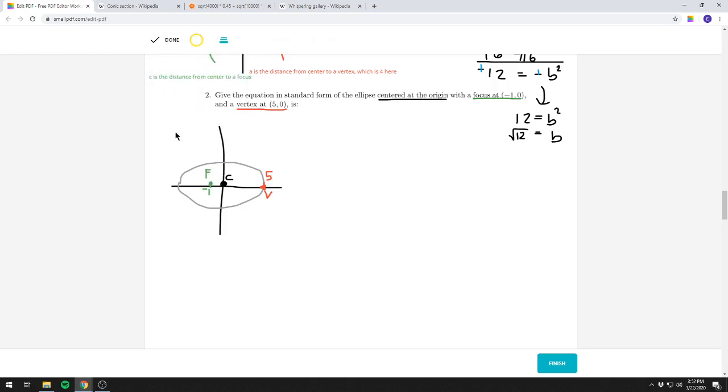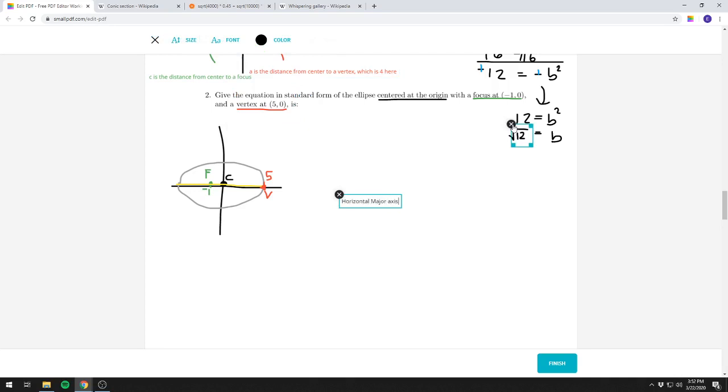And now this time you can tell because our vertex and focus are on the x-axis, our major axis is our horizontal axis. And because of that, the a squared goes under the x squared. We have a horizontal major axis.